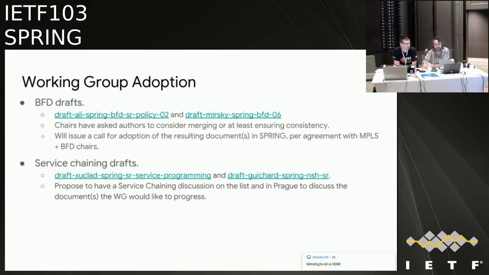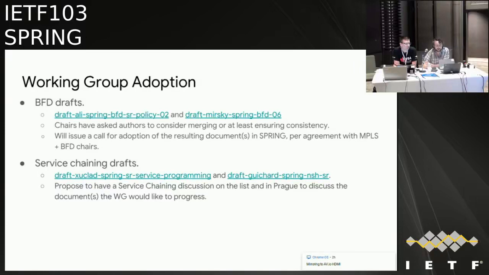We've asked the authors to consider merging, or at least ensure that these two drafts are consistent with each other. Ideally, we would issue a call for adoption of the resulting merged document when it's been done. That'd be based on agreement. We've already agreed this with MPLS and BFD chairs, that this work can be done in spring. But yes, the ask here is to merge these two drafts because they cover very similar areas.